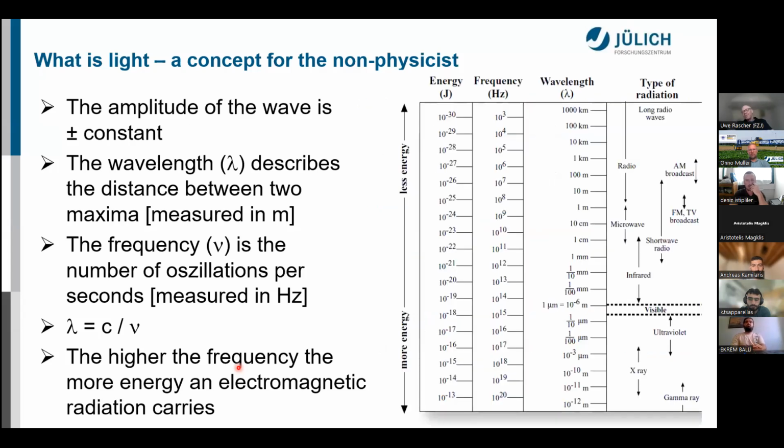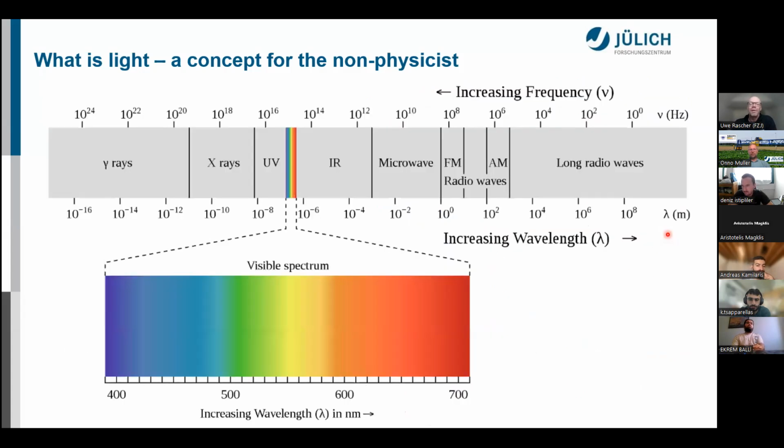And this leads me to some graphs or schemes which you may know. This whole spectrum of electromagnetic radiation can be sorted from electromagnetic radiation of less energy to more energy, and you can describe this energy either by the frequency or the wavelength, a different representation but the same content.